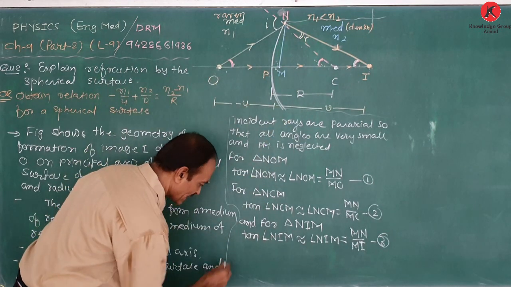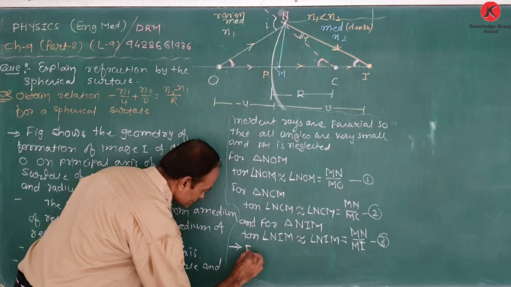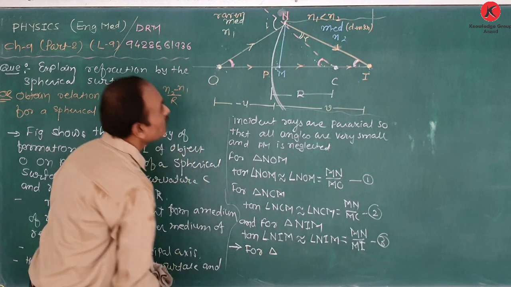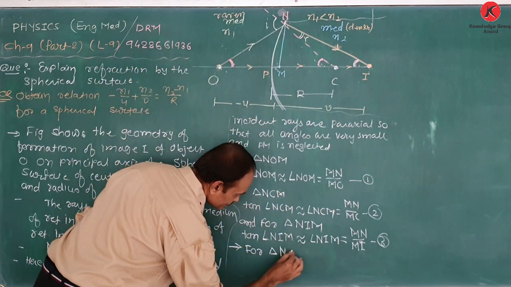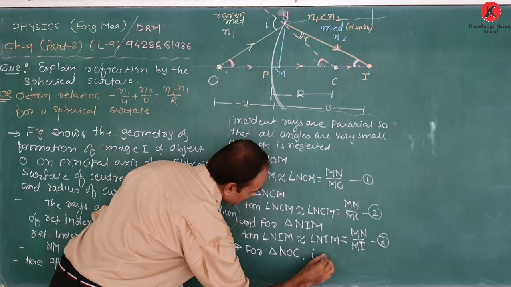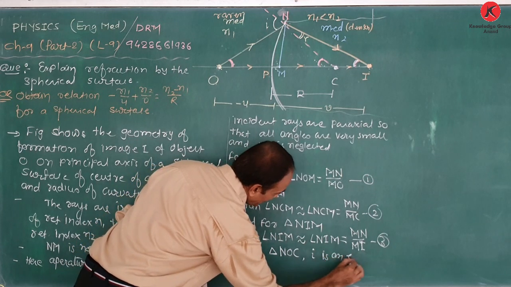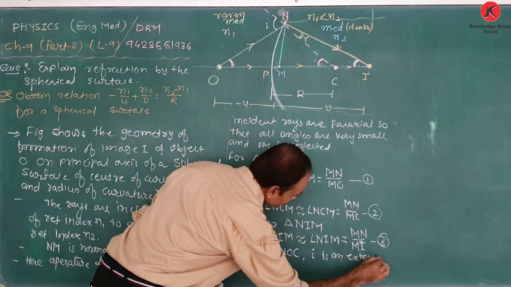So for triangle NOC, i is an exterior angle.